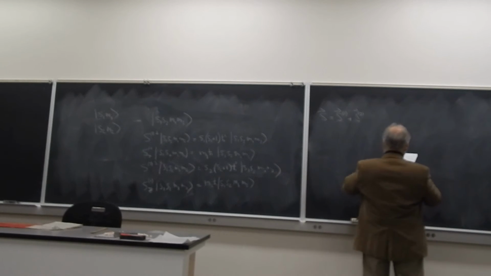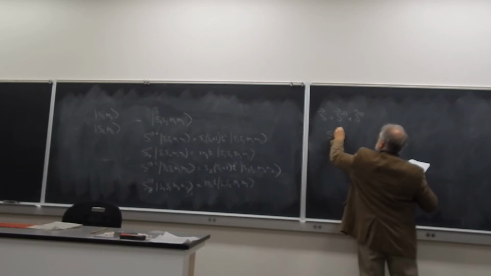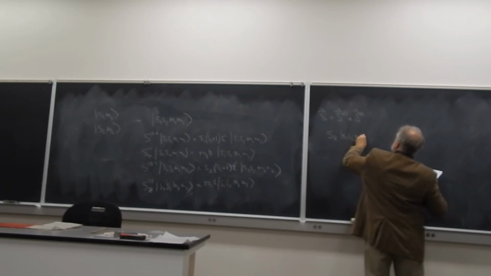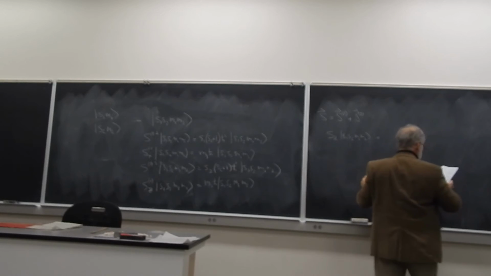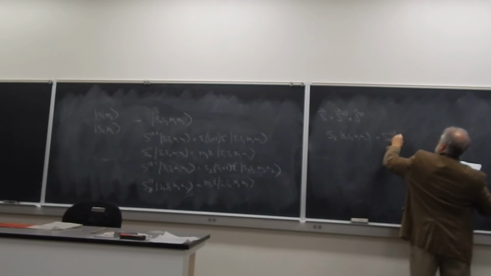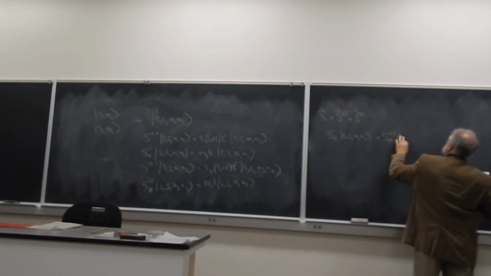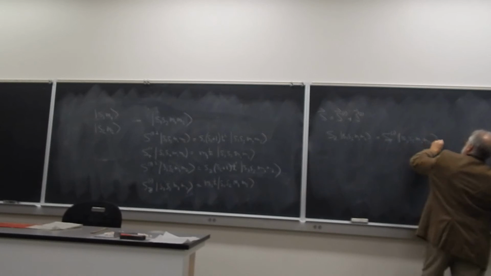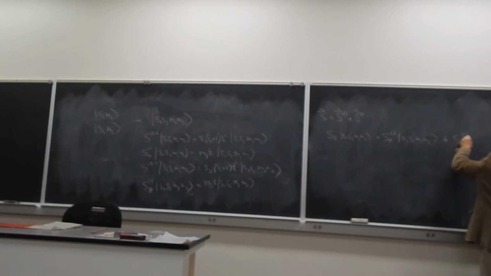So I can write Sz of S1, S2, M1, M2 as just the sum: S1z of S1, S2, M1, M2 plus S2z of S1, S2, M1, M2.